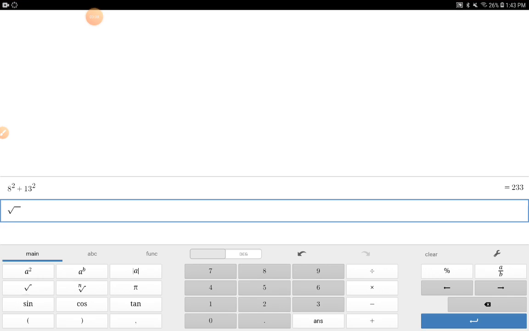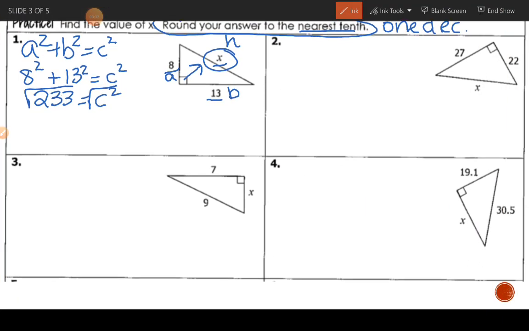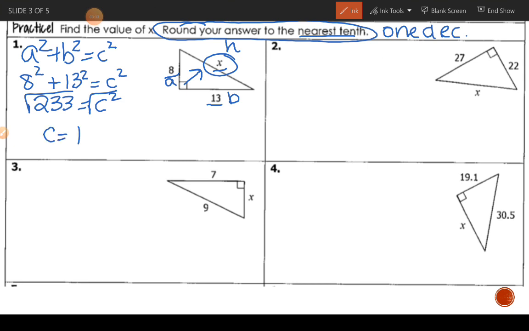We take the square root of 233, and we get 15.26. So our final answer for this, c, is going to be 15.3. That would be our answer.